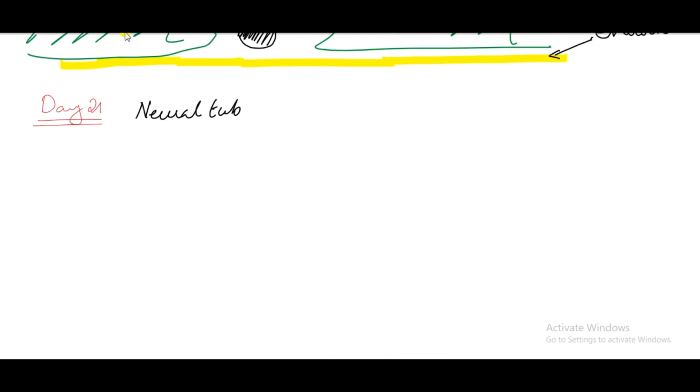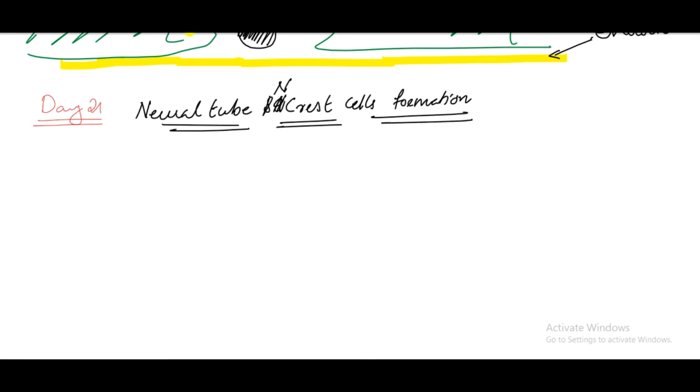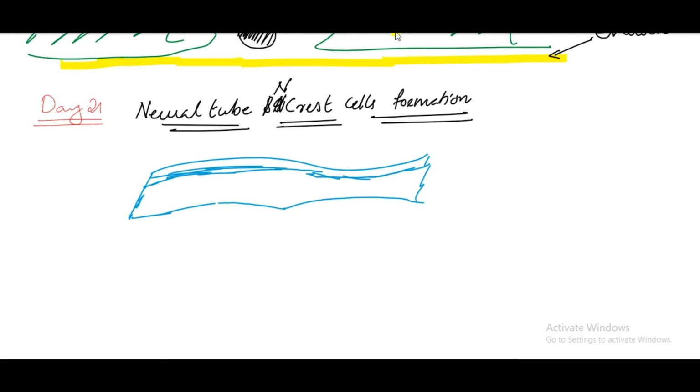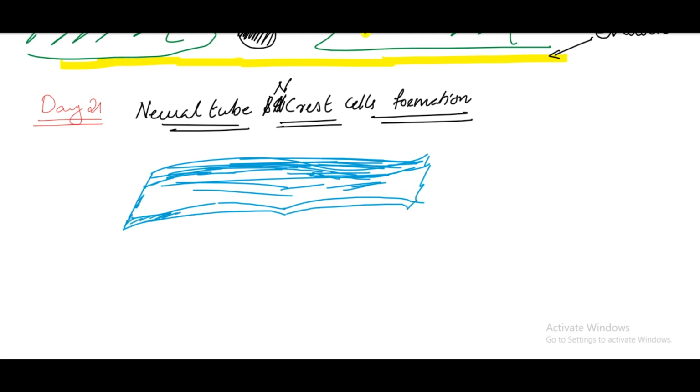On day 21, the neural tube and neural crest are going to be formed. Complete invagination and fusing of the neural plate border leads to the formation of the neural tube.